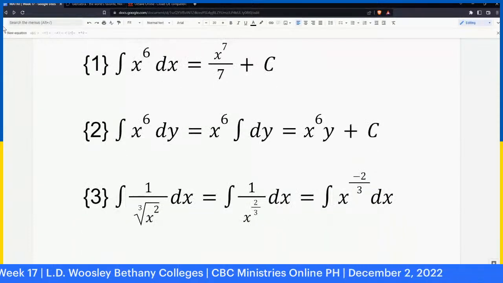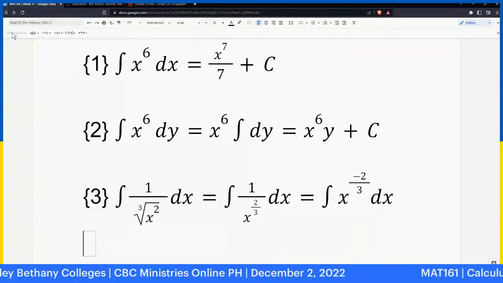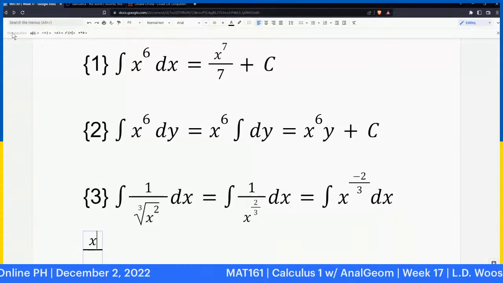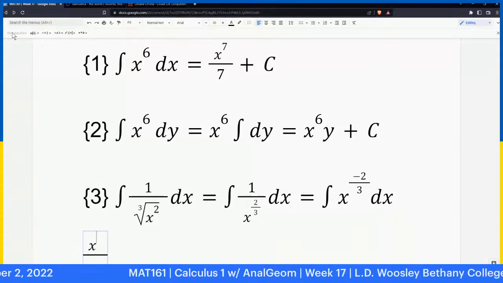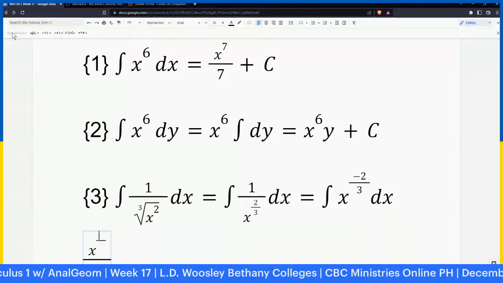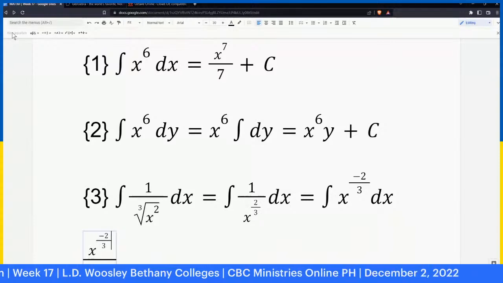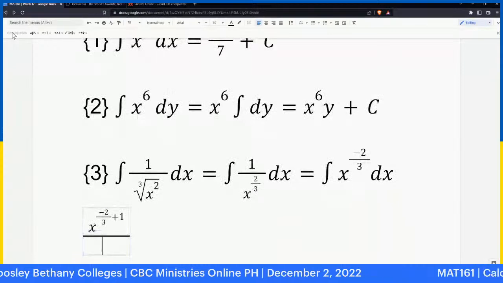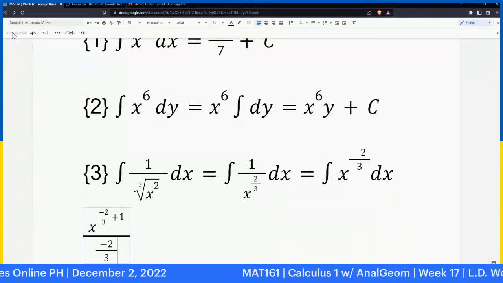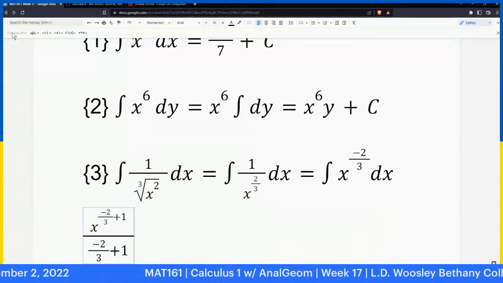Ano ngayon yung magiging x raised to n plus 1 mo? So that will come x raised to negative 2/3 plus 1. Okay, all over negative 2/3 plus 1.